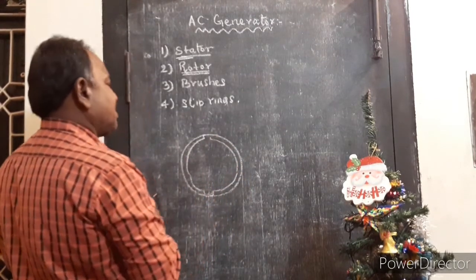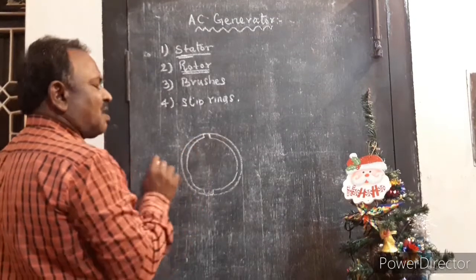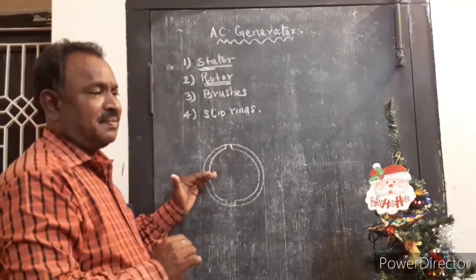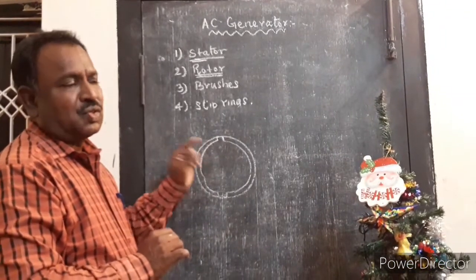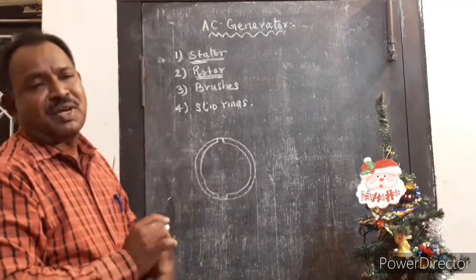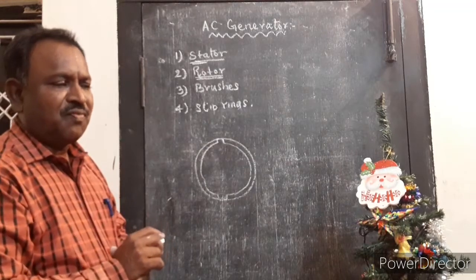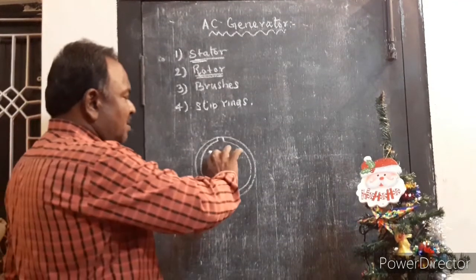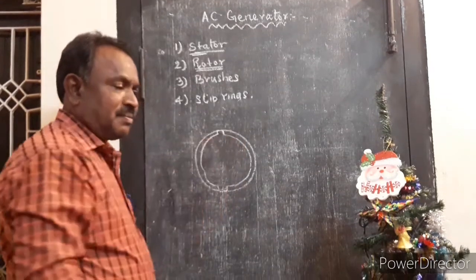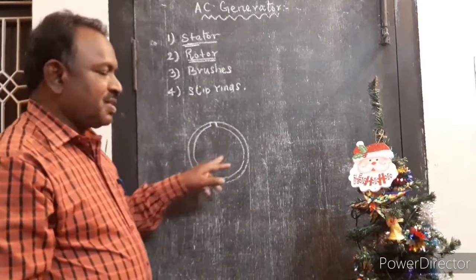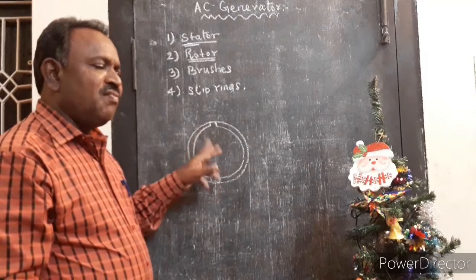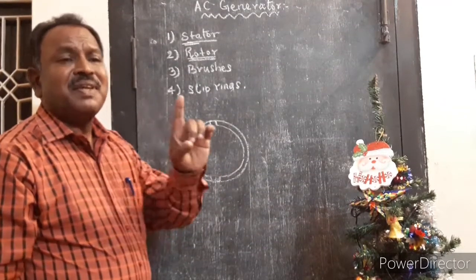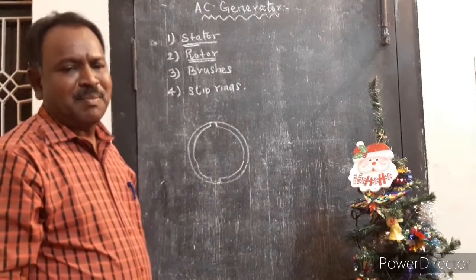Two conducting coils, and the coils are connected in series so as to form a single circuit. When the rotor is rotated inside the stator, it will produce an EMF, a single phase EMF.